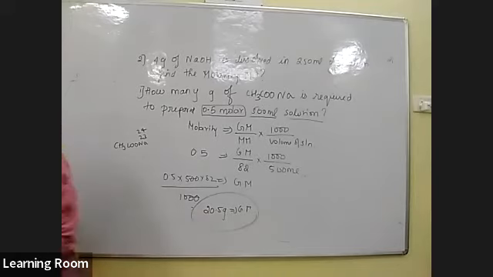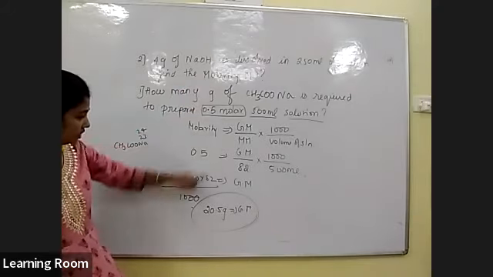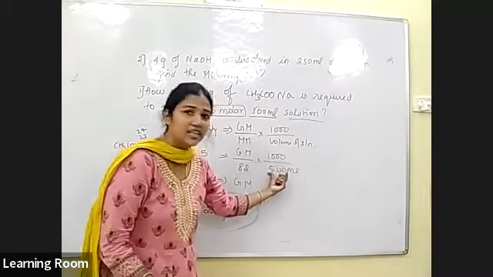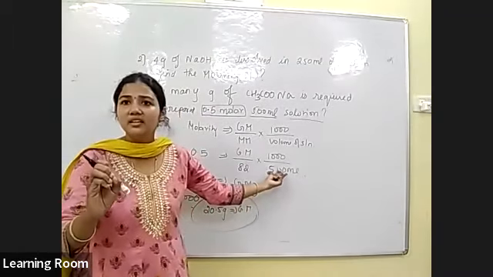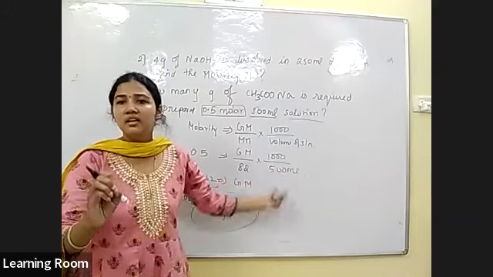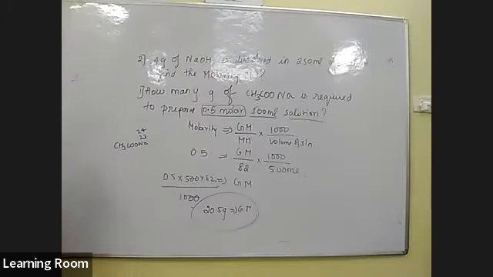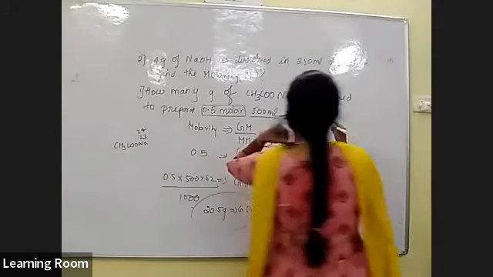Second answer 0.4. This is 0.4. This is 20.5. Why are you converting into liter? Because here it is 500 milliliter. Given volume of solution is in milliliter, right? Okay. So second one is 0.4. I think it's very much direct, right?